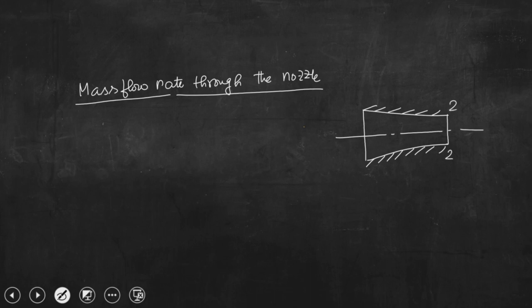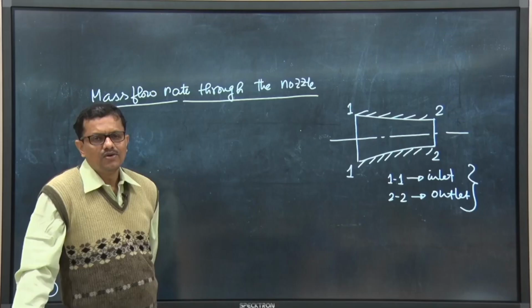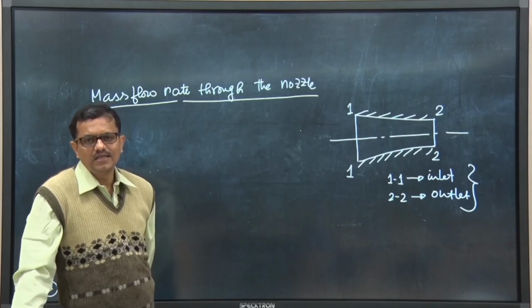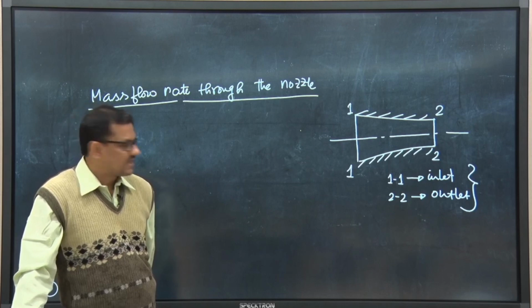This is the outlet, this is the inlet. 1 refers to inlet, 2 refers to outlet, and we are again considering the same set of assumptions that we had taken to establish the area Mach number relationship.